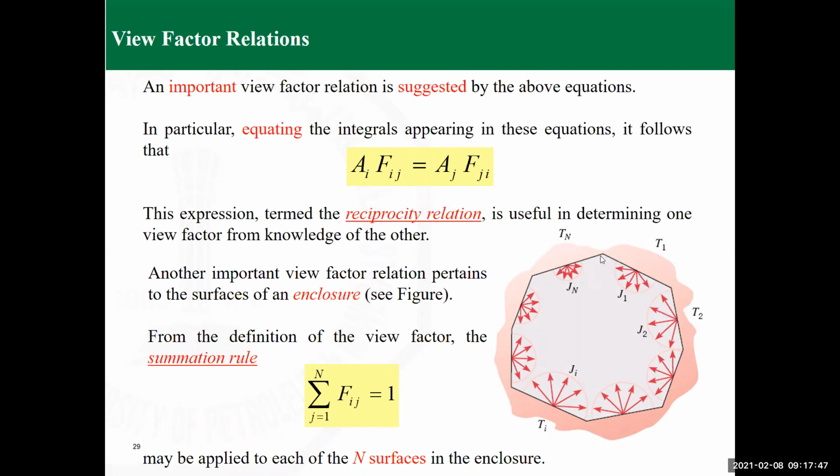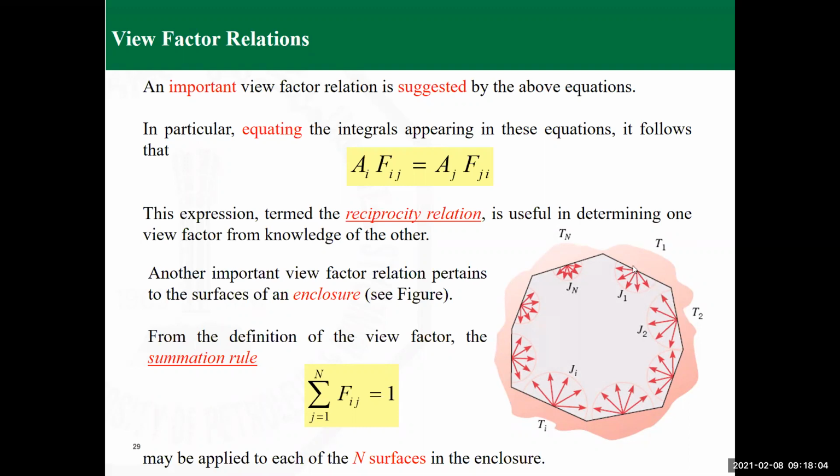This surface has a uniform temperature T1, this surface has a uniform temperature T2. Then exchange of radiation between them is occurring. There is radiation leaving surface 1 reaching 2, and radiation leaving 2 going to 1.